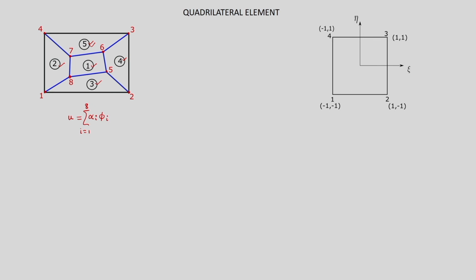If we substitute this u and take w as one of the phi i's, say phi j, then we get the jth discrete or algebraic equation.